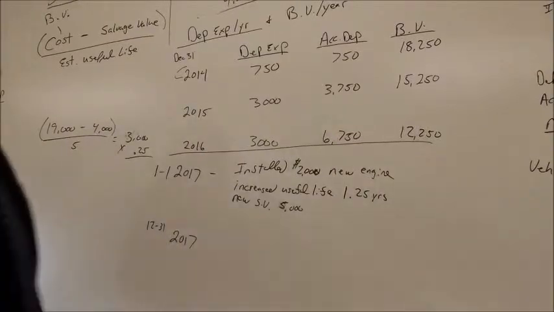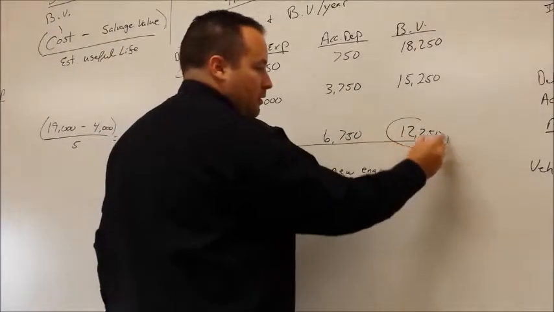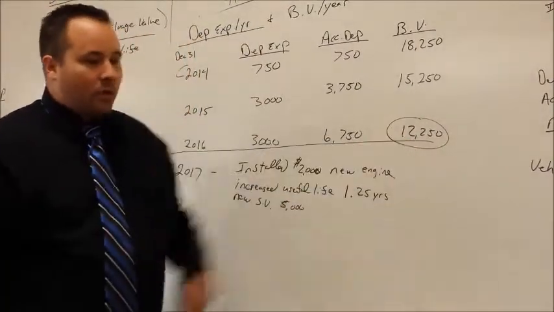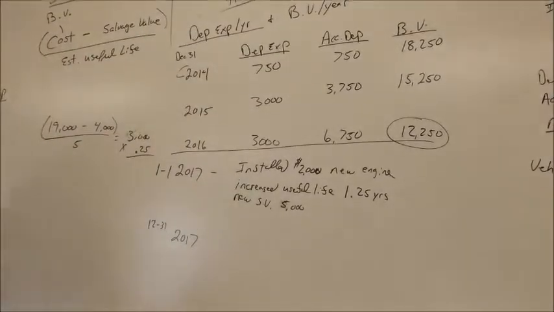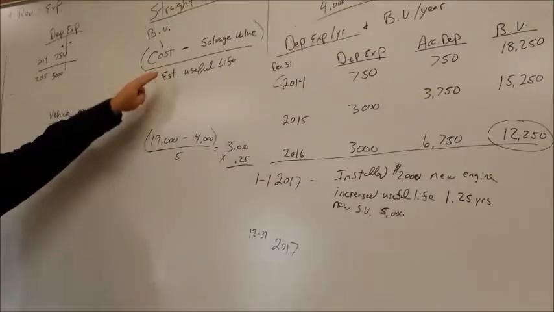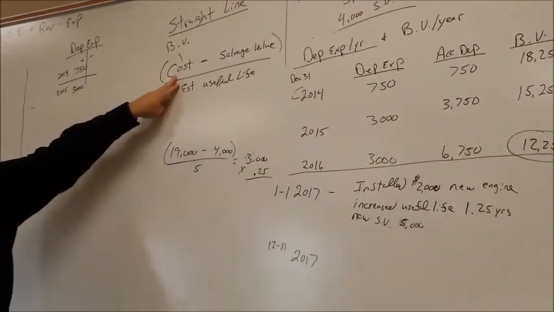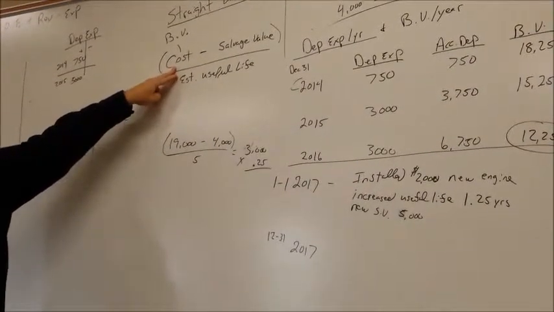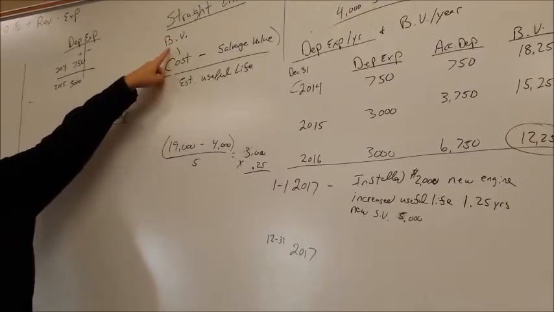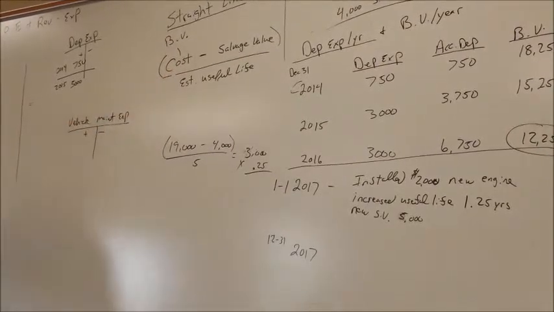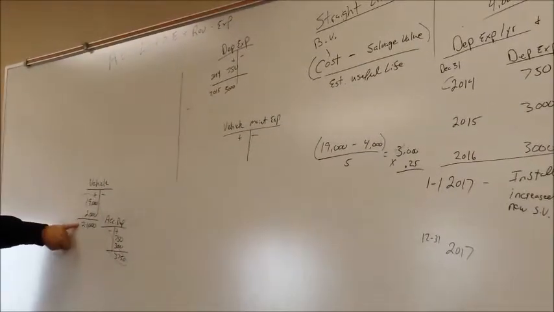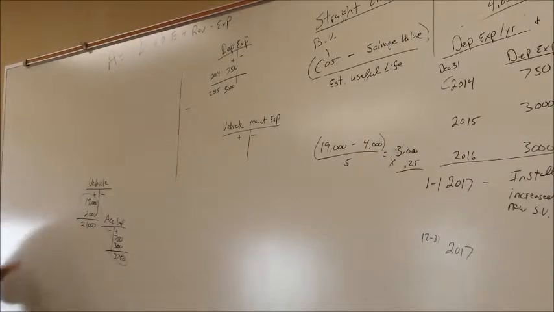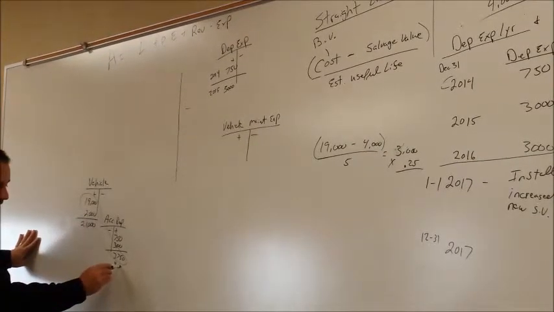This is where it's going to be very helpful that we have this old book value. Because remember my formula? We're going to use the cost typically if we just purchase the asset. But in this case, since we added into it, I don't want to depreciate the whole $21,000. Why do I not want to depreciate?